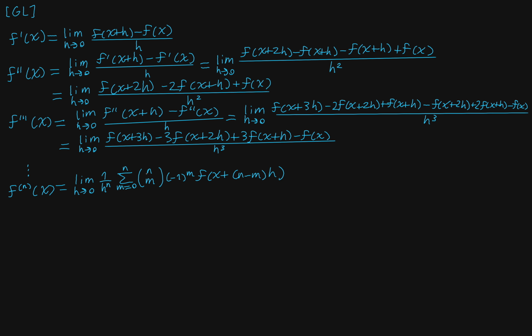This resembles a lot from the binomial theorem. So we have the binomial coefficient here, the alternating sign, and then f of x plus n minus m times h. Okay, and then the simple way to generalize for the fractional derivative. One thing to notice, here's a way to help out the generalization, is that if we let n go to infinity, this doesn't change the sum at all, because n choose n plus 1, n choose n plus any positive integer all goes out to 0.